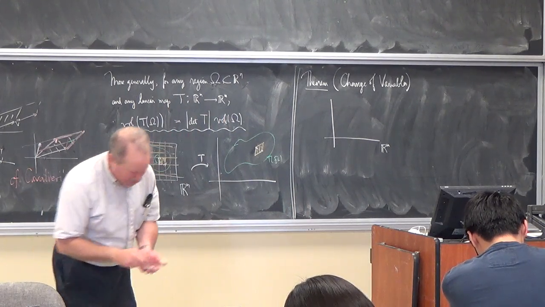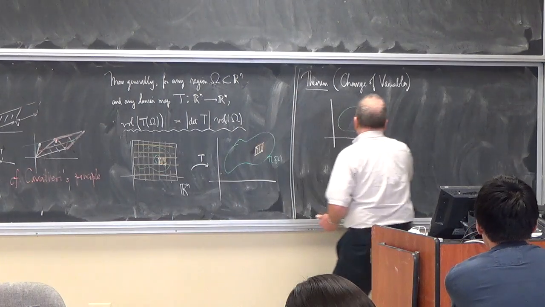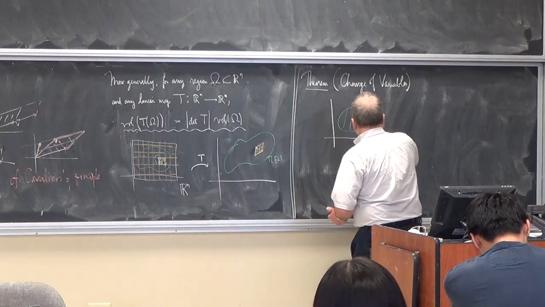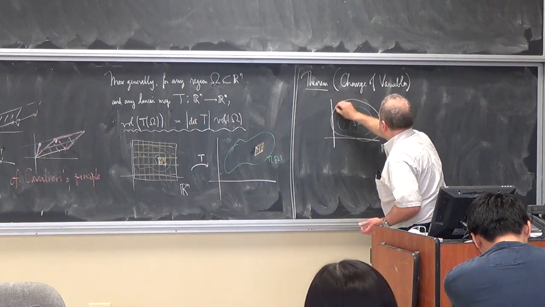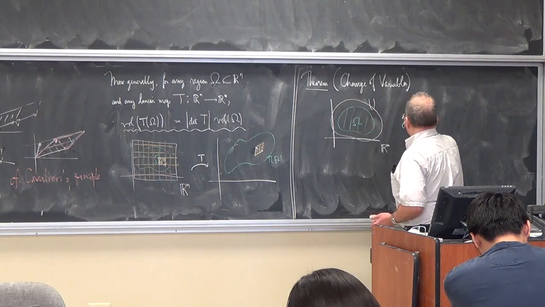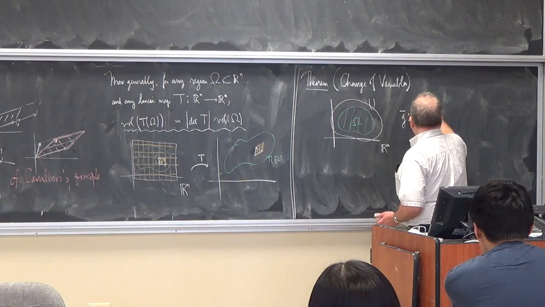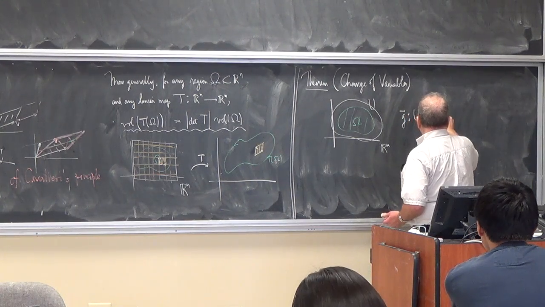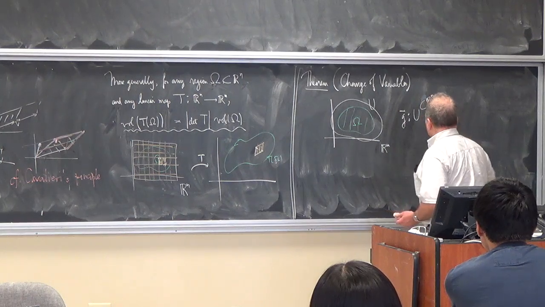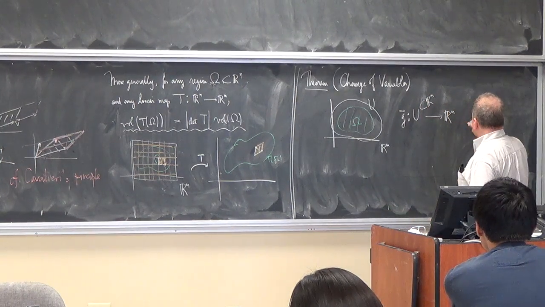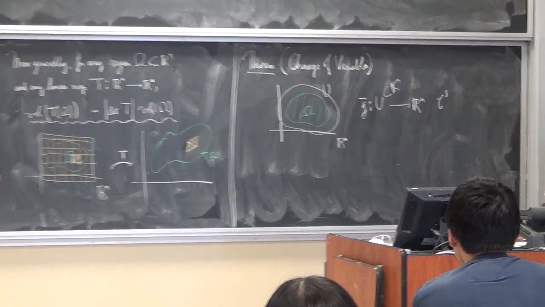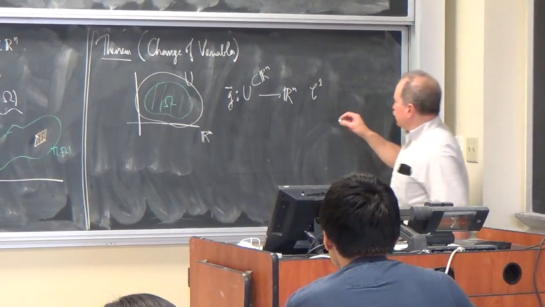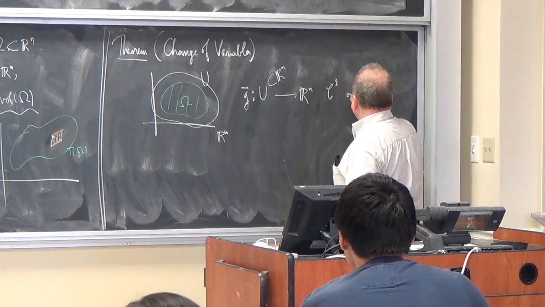And you're going to map said region. So you have omega. And suppose you have a mapping G on a slightly larger open set that is at least C1, or more differentiable. And suppose it's 1-to-1.